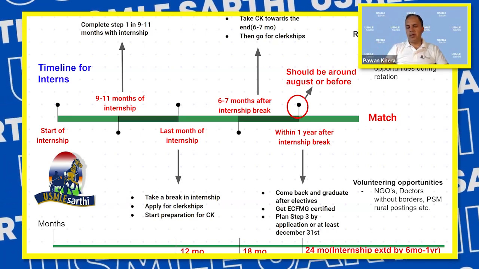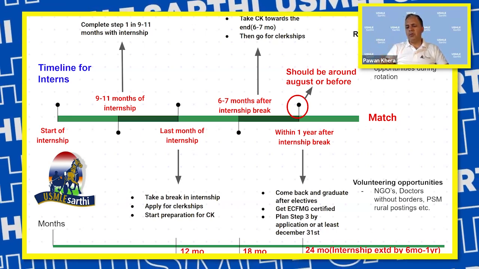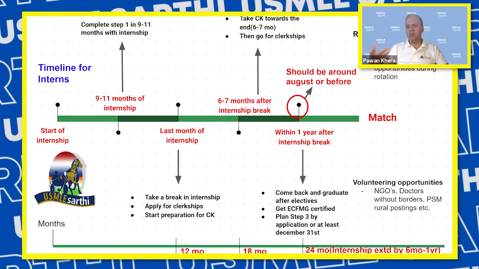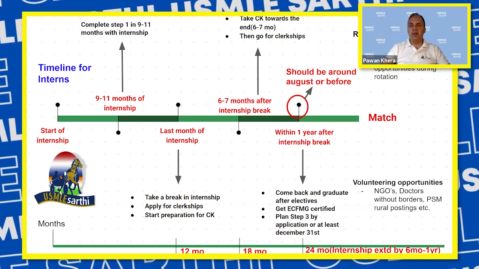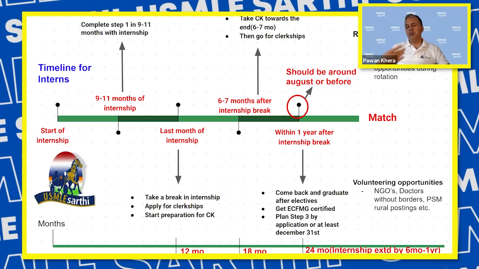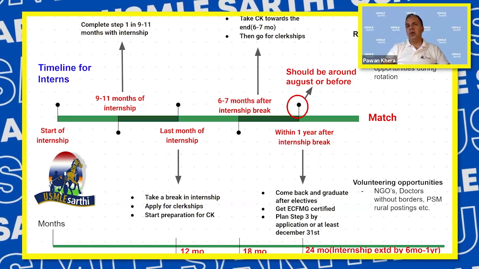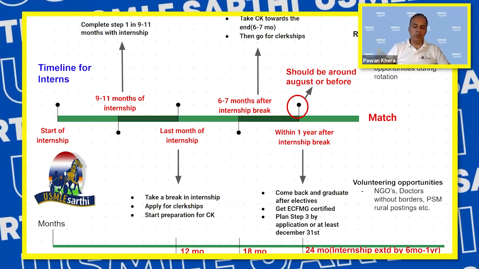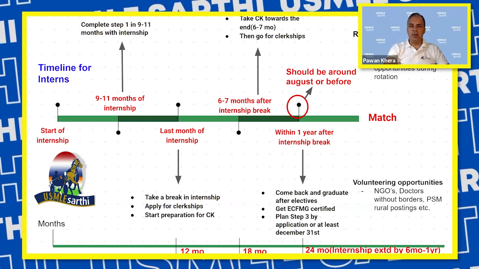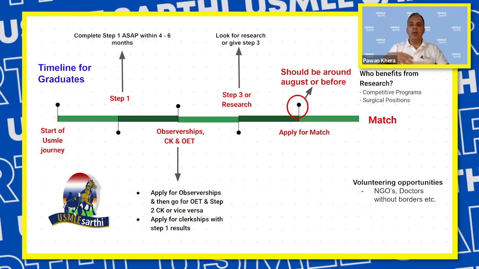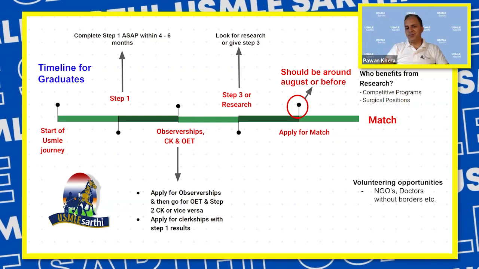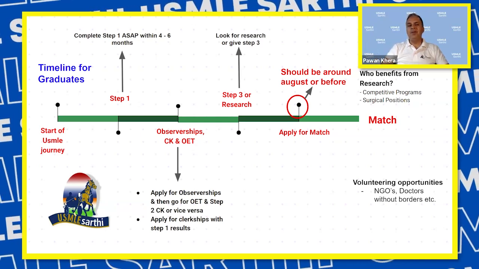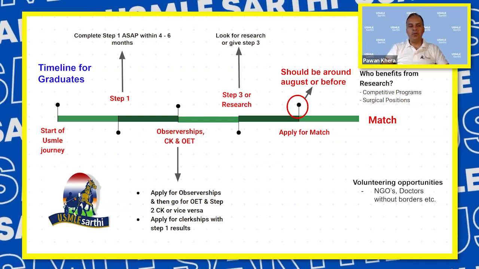and Step 3. In fact, 2 weeks ago, that webinar was there, right? One of our students had a 260 plus in CK, and she spoke about some of the mistakes that students make, not focusing too much on Step 1. So that is something you should be aware of. If you're a graduate, you really have to do it as soon as possible. There is absolutely no way, like I said, 3 to 5 years.